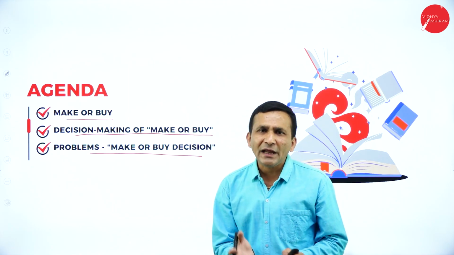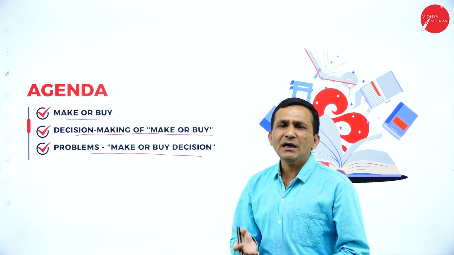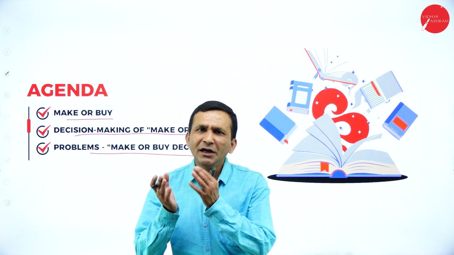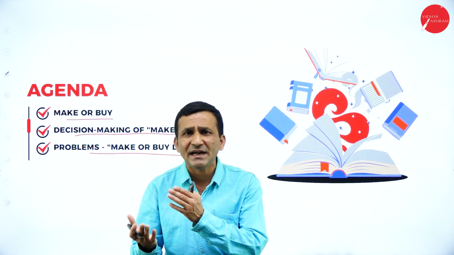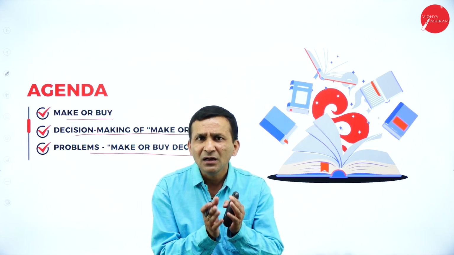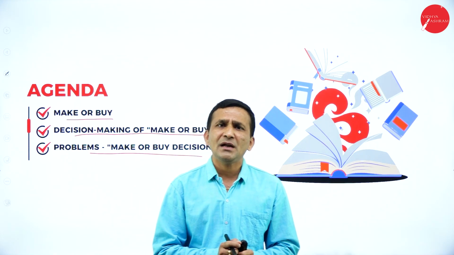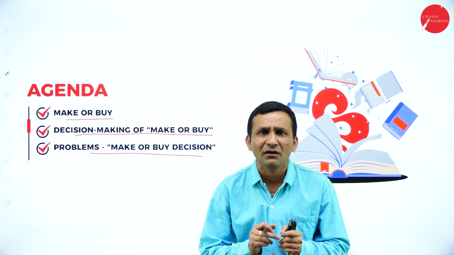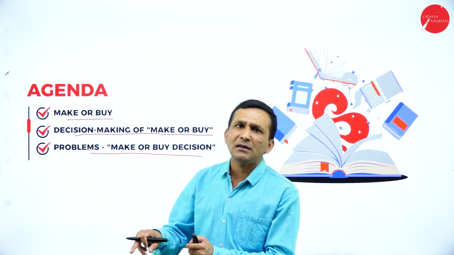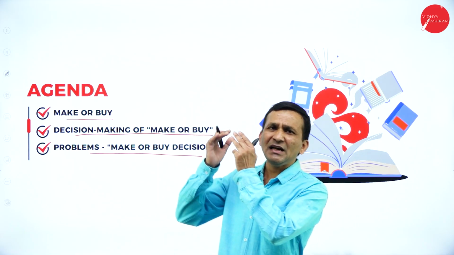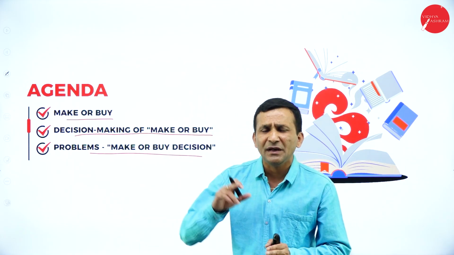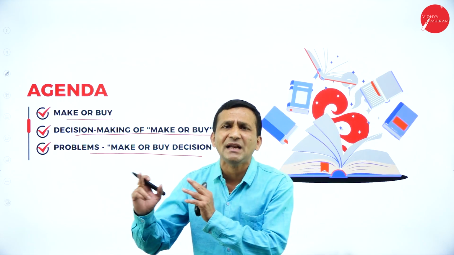Take the example of a bakery. In the bakery, they expect puffs or bread. If a third party outside is supplying them, even the bakery people want to prepare a marginal cost statement. They will find out, if I try to prepare them myself, what is the cost? If I am getting the same product at less than my preparation cost in the market, we compare.